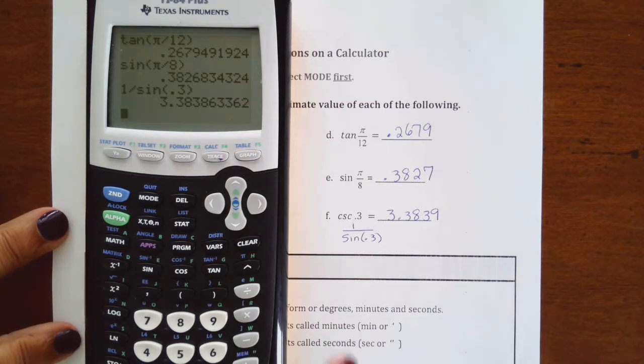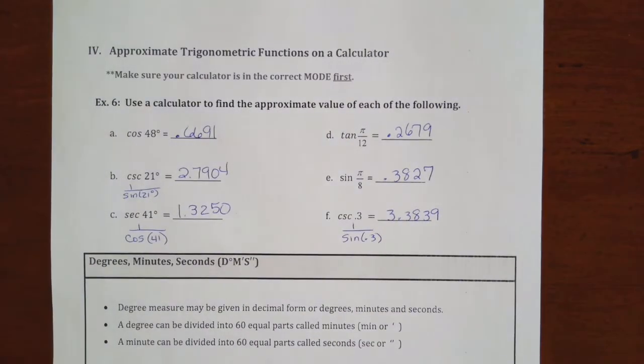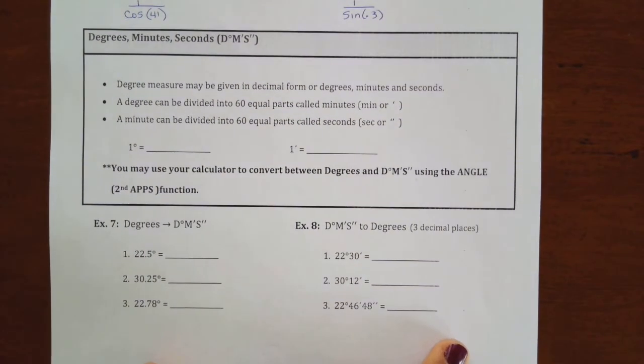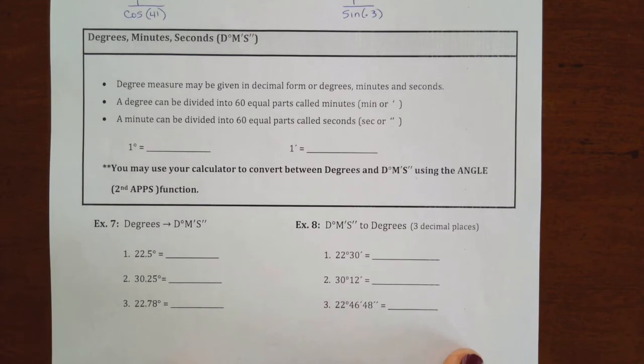Okay? All right, the next thing in your calculator is changing from degrees, minutes, seconds to a decimal answer. So in trig, the degree measure can be given in two different forms. First form is a decimal, and the second is called degree, minutes, seconds. That's used a lot, back in navigation times when they were sailing. They used this.